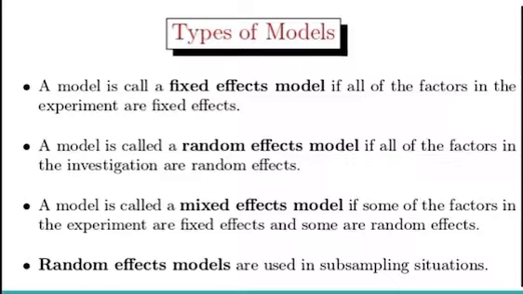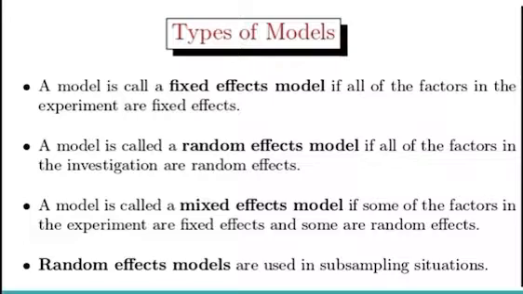Now, if you select 4 schools out of so many schools, then school cannot be a fixed effect. School is going to be a random effect. But the type of program, maybe the type of program you're talking about is computer and standard, then the type of program here is going to be a fixed effect.